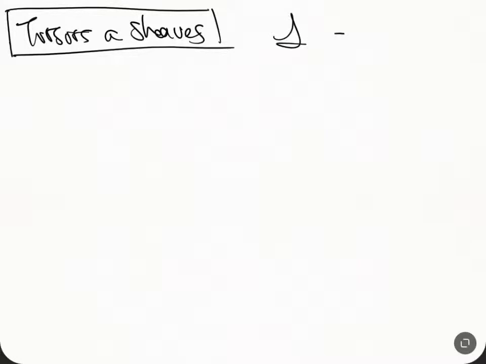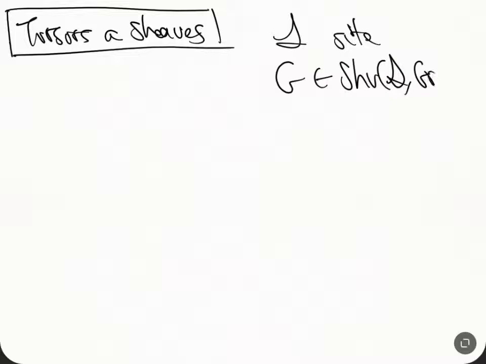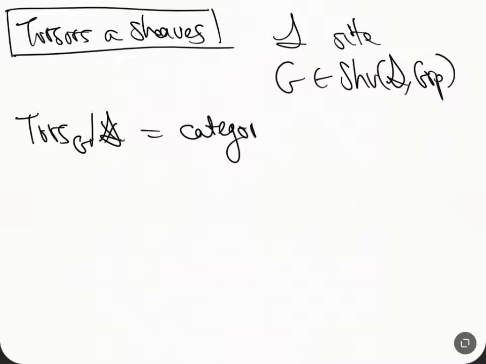So we're going to take S to be a site, G to be a sheaf of groups on S, and then we define Tors G over S. This is going to be the category of left G-torsors.